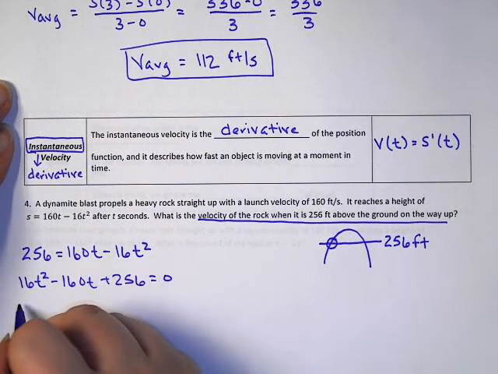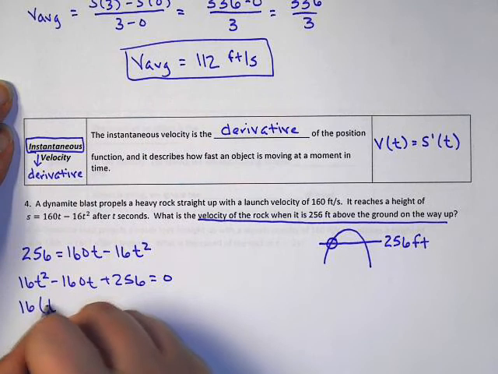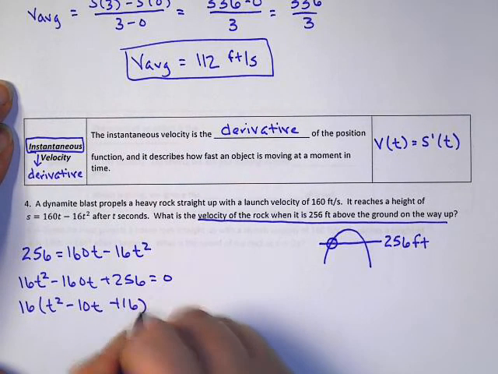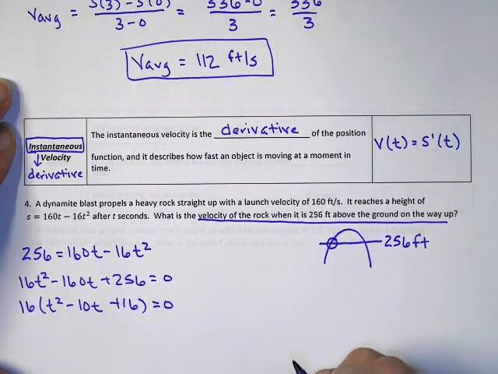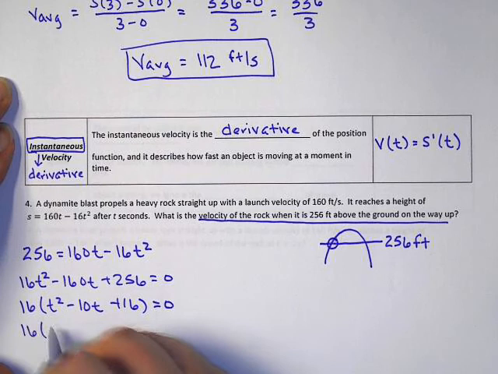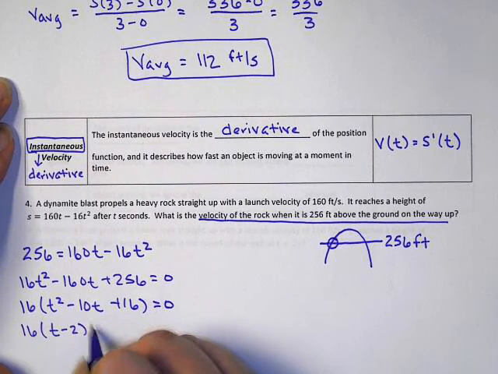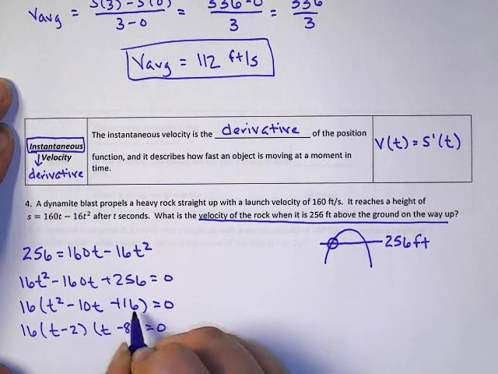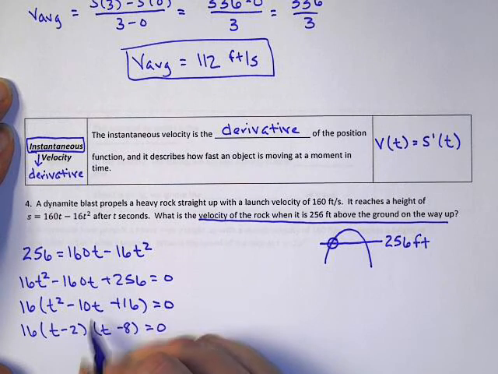So if we factor out a 16, we'll have t squared minus 10t plus 16 equals 0. And we can factor that, which means t minus 2 times t minus 8, because we want to multiply to 16 and add to negative 10.